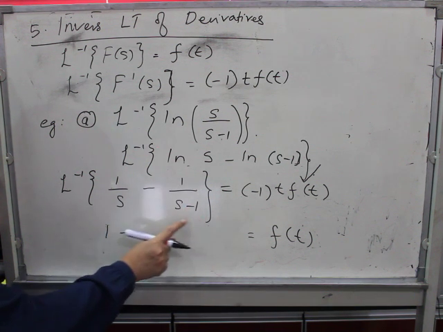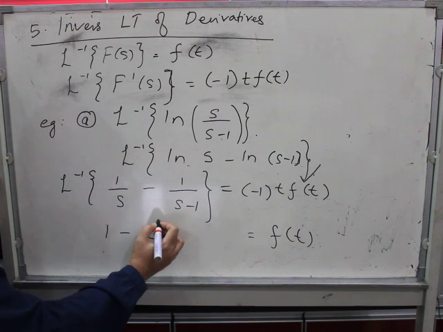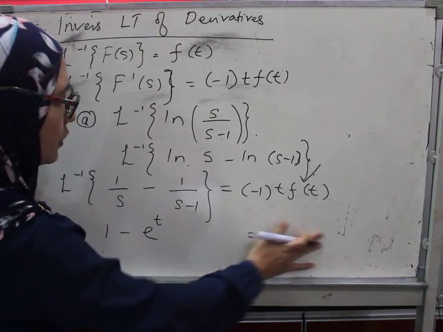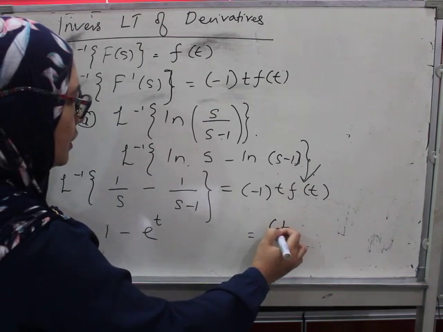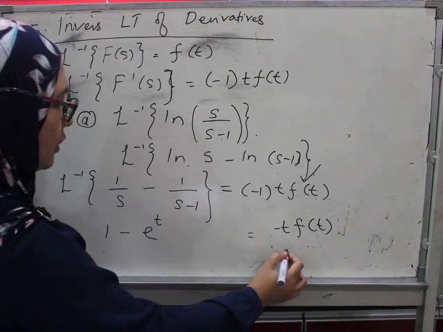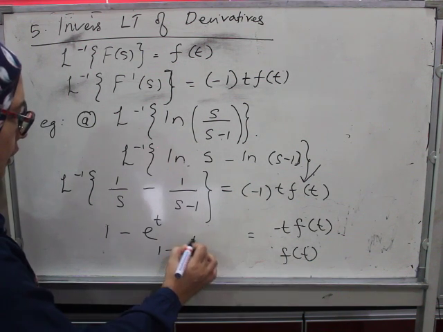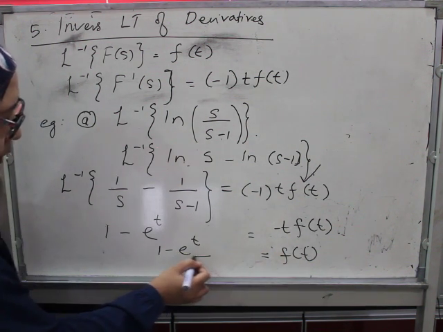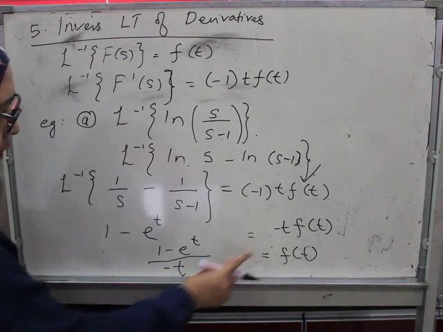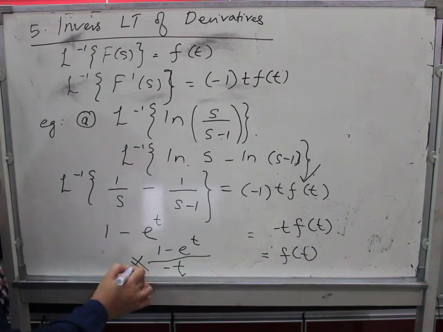Laplace inverse of 1 over s minus 1 is e to the power of at, a is 1, so e to the t. Okay, so this one is negative t ft. So now we have ft is 1 minus e to the t, divided by negative t. So this is the answer.